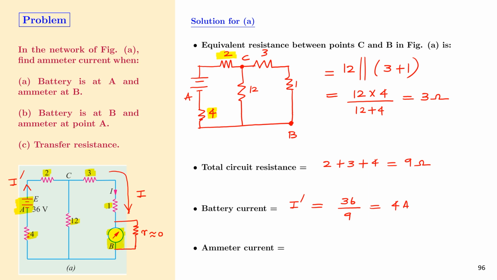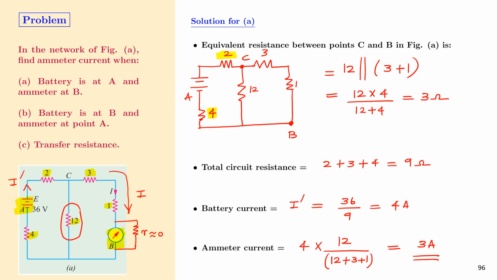So we have calculated the total current in the circuit, and then the ammeter current can be calculated by using the current divider rule. According to the current divider rule, the current that is going to flow through the ammeter or the 1 ohm resistor is given by the total current multiplied by the resistance in the other branch, that is 12, divided by the total resistance in the loop, that is 12 plus 3 plus 1, and we can find that this is equal to 3 ampere.